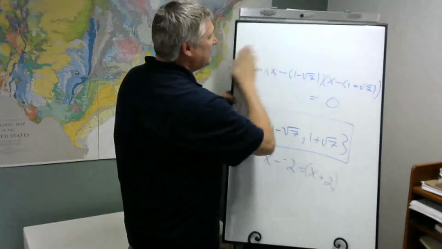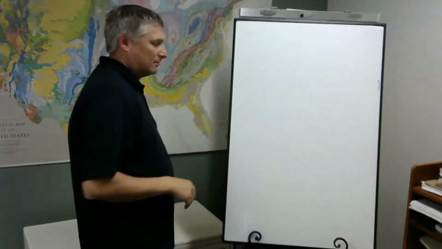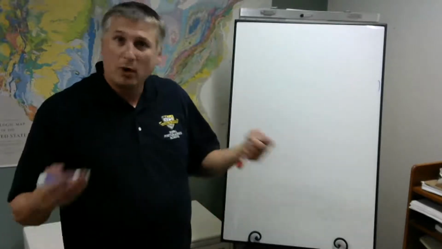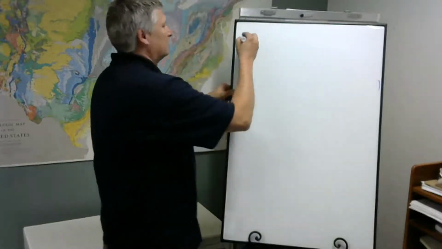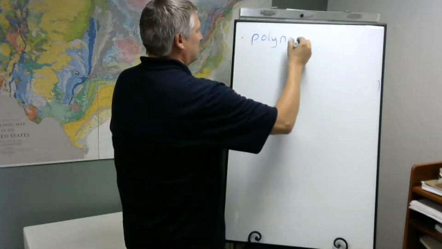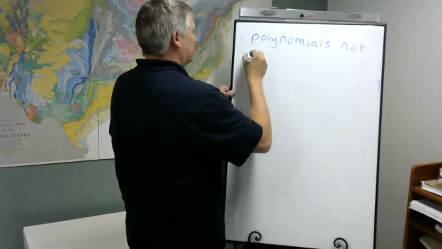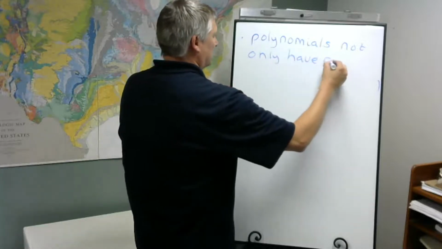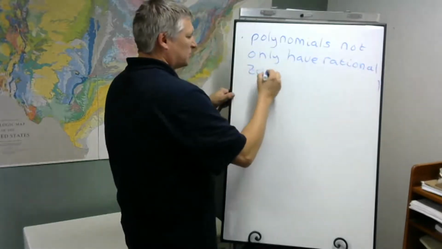Now, as we've seen, polynomials can have rational roots, but they can also have irrational roots, like 1 minus square root 7, and they can also have complex roots. And remember, for rational zeros, roots are zeros.